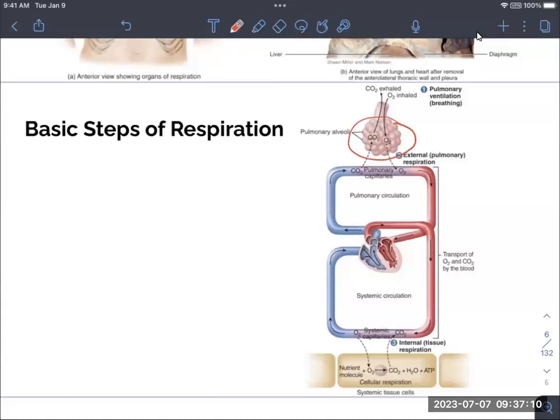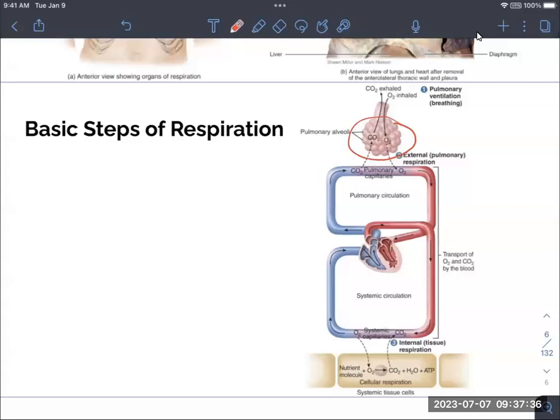These are different alveoli. This is where we have those simple squamous epithelial cells. They are the thinnest cells that we have in our body, which allows for that exchange of carbon dioxide and oxygen with the blood. This is happening in the pulmonary circulation that was mentioned in the cardiovascular chapter with the heart.